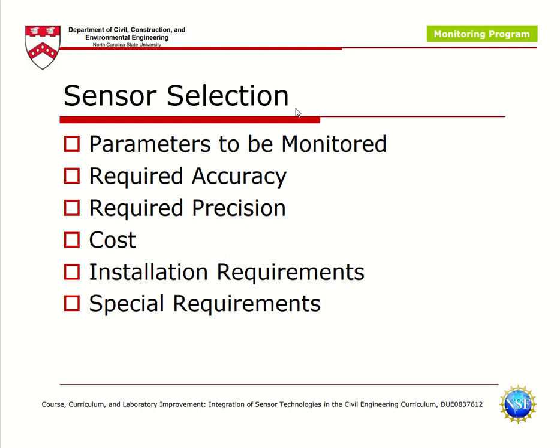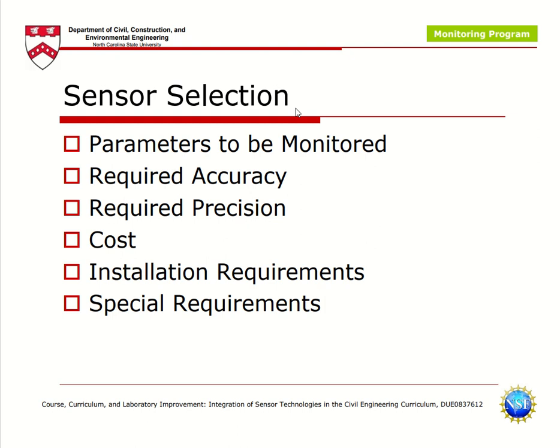Then we have the required accuracy. The requirement of accuracy will be different for different purposes. Sometimes you require very accurate data, and sometimes a little less accurate, scattered data can work as well. And always remember one thing: as the accuracy of the sensor increases, so does the price of that sensor.